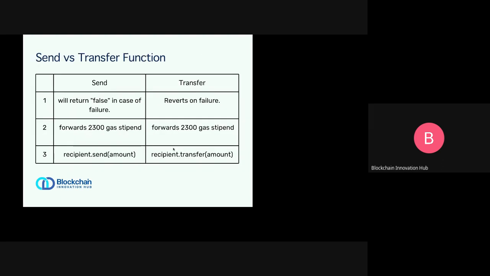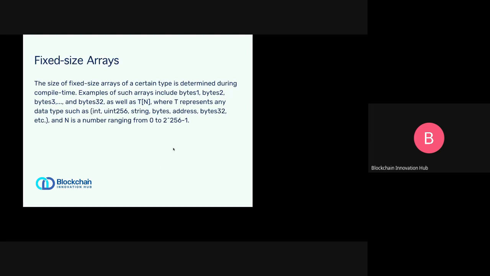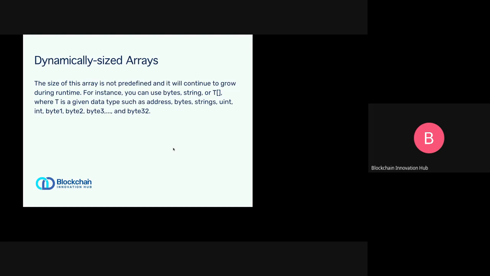Also, for a fixed size array, the maximum number of items that you can have is 2 raised to the power 256 minus 1. That's a lot of numbers, so don't calculate it, please. I don't think your phone can even do that kind of operation. It's a very large number.